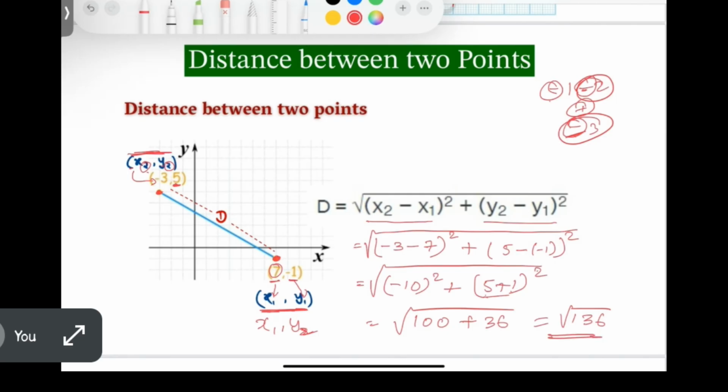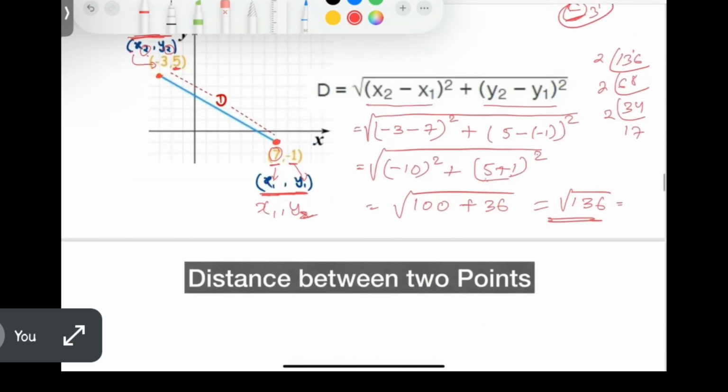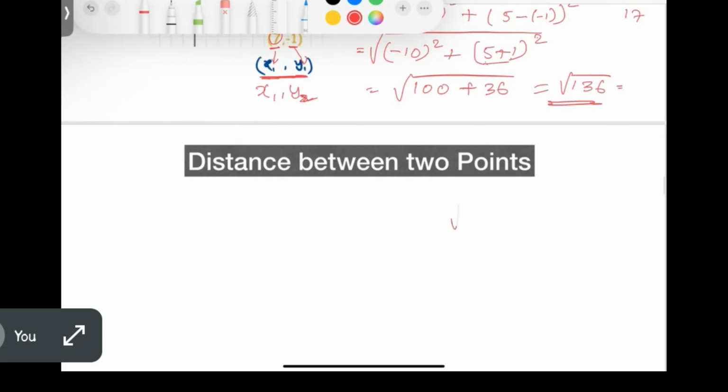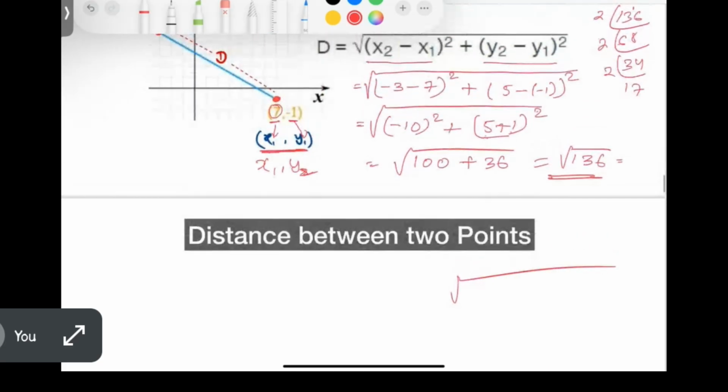If this is not in your answer options, you need to take some numbers out of the root. I don't think we can take it out. Let's take 2 6s are 12, 2 8s are 16. Yeah, we can, I guess. 2 3s are 6, 2 4s are 8, 2 1s are 2, 2 7s are 14. So root over 136 can be written as 2 into 2 into 2 into 17.